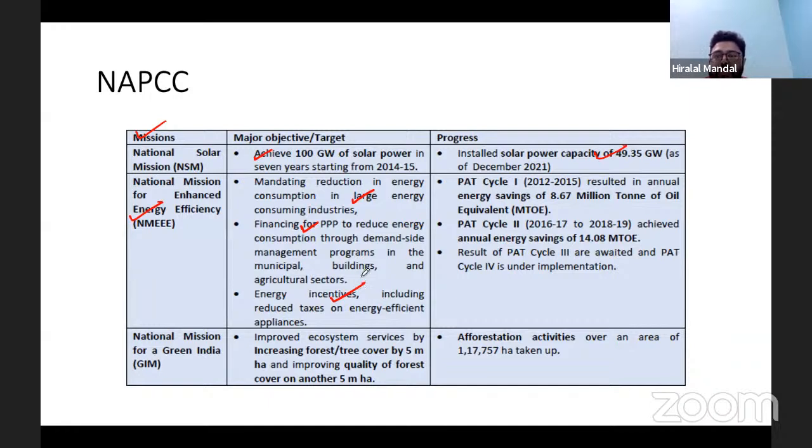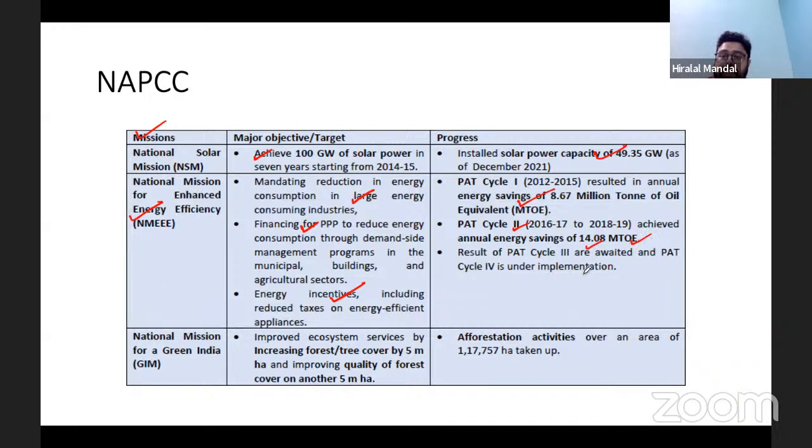When it comes to annual energy saving, we have 8.67 million tonnes of oil equivalent energy saving in the country in PAT cycle 1. In PAT cycle 2, which started in 2016-17, we could save 1408 million tonnes of oil equivalent energy.